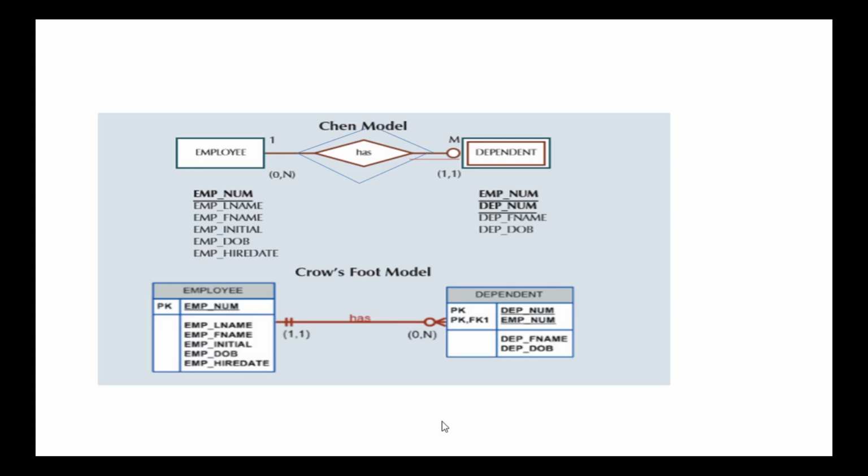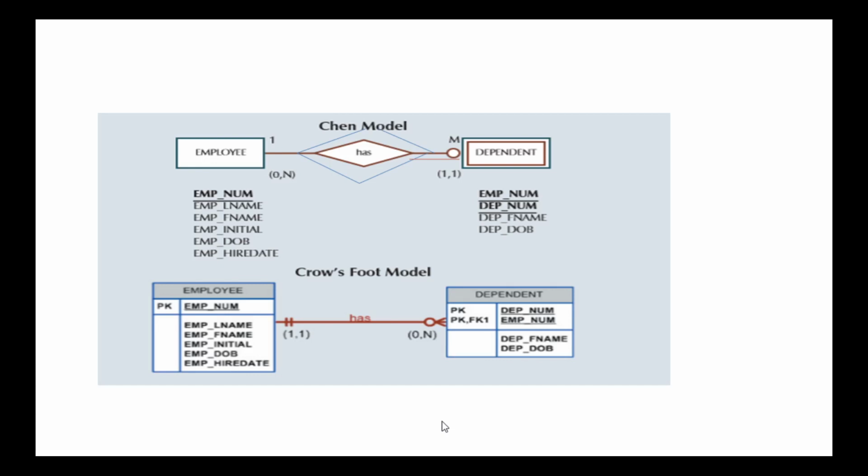For unique identification, we use the strong entity's primary key, employee number, as a part of the primary key in the dependent. So here the employee number and dependent number together are called a composite key, which is used to identify each and every dependent uniquely in the dependent entity.